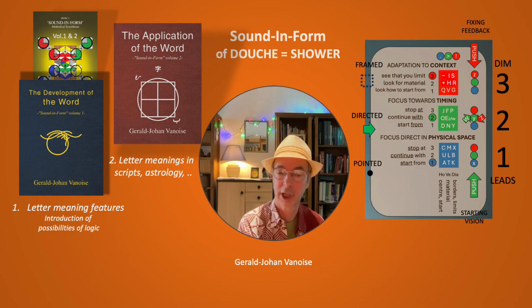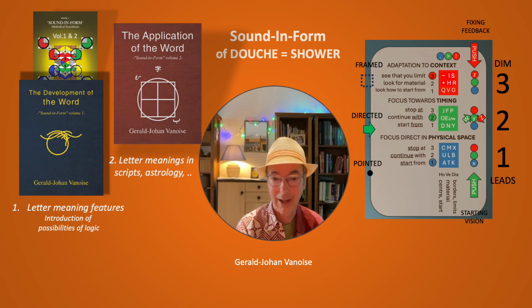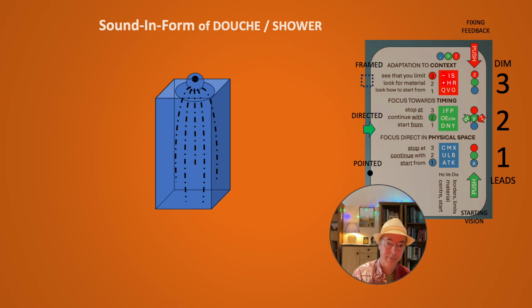Douche, which is shower, will have a different result than shower, but douche has a very specific orientation, and let's describe that. When we describe douche itself, I imagine the shower which we have in a cabin in this separate place where a water stream comes from the top, and it will stream downwards.